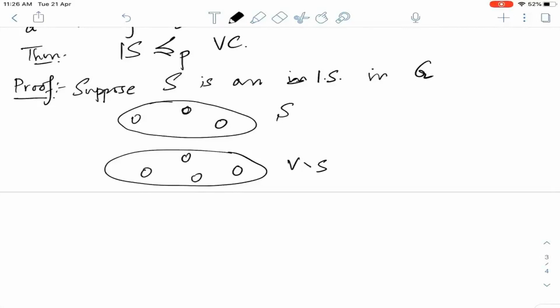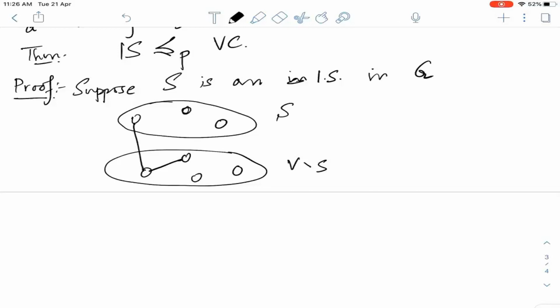The assumption I'm starting with is that S is an independent set, which means there are no edges in this set. So this set is empty as far as edges are concerned. Every edge in my graph will either be completely inside V minus S, or go between the two sets.